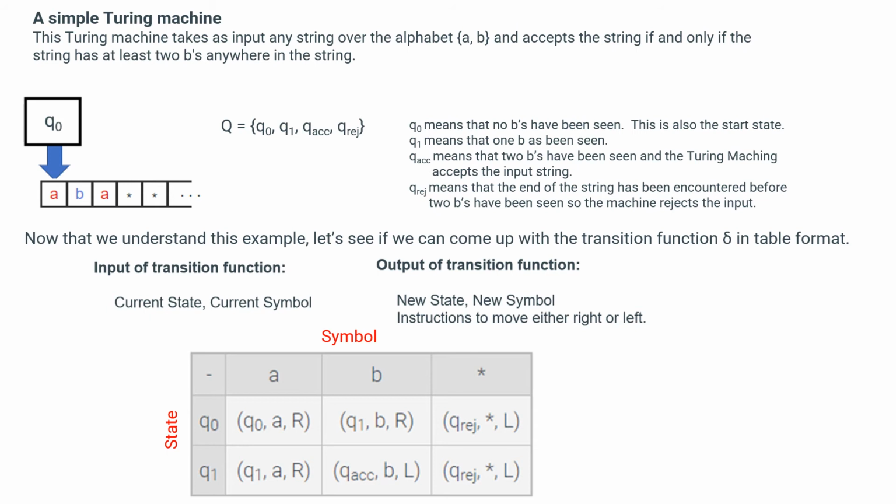So hopefully you can see how we came up with all of those, now that you know what we're doing within this process. Remember, what's inside these cells are the output of the transition function: what's the new state, what's the new symbol, and which way do we move?